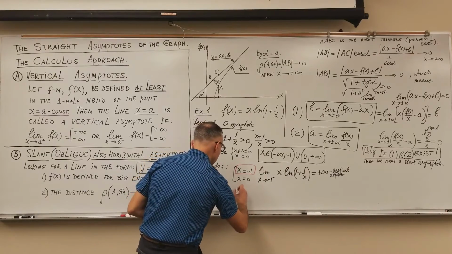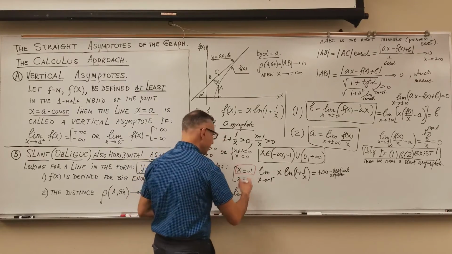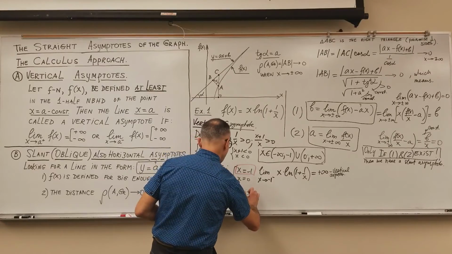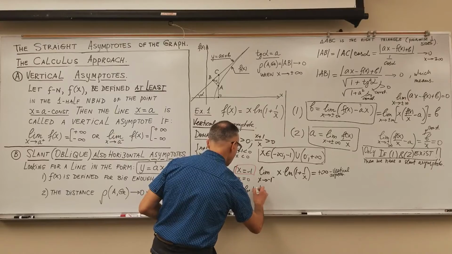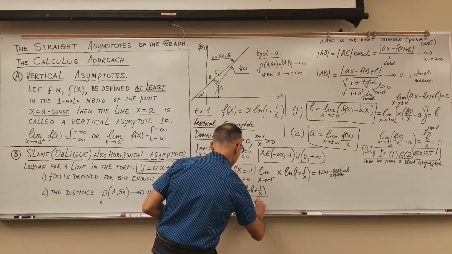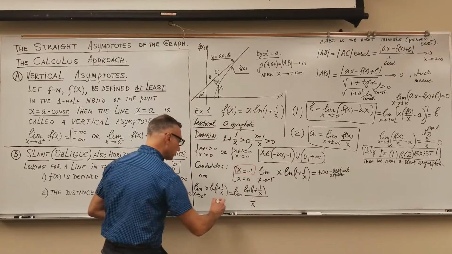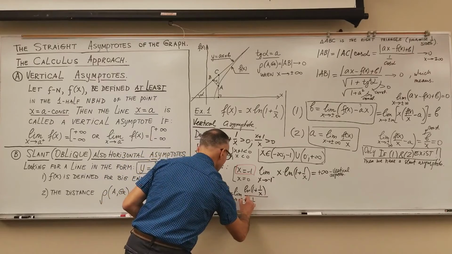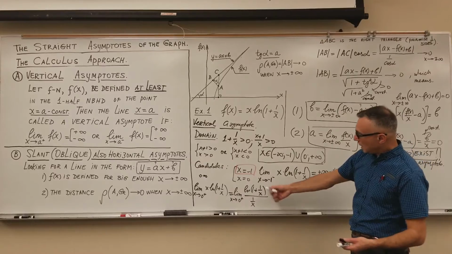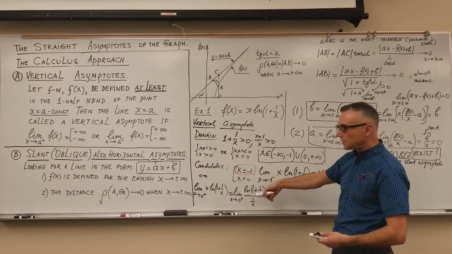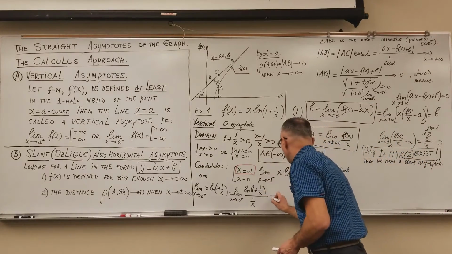First of all, let me rewrite it this way so I can apply L'Hopital's rule, as the limit of ln(1 plus 1 over x) over 1 over x. Now x goes to 0 plus, and here I have an infinity over infinity indeterminate form.